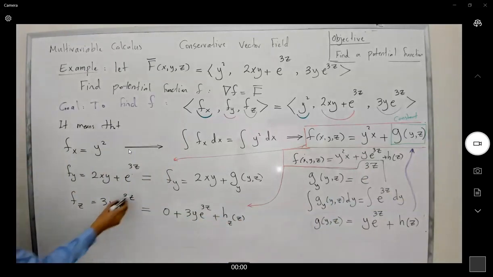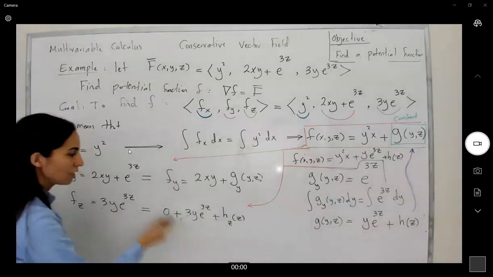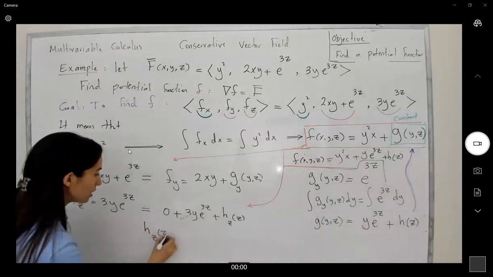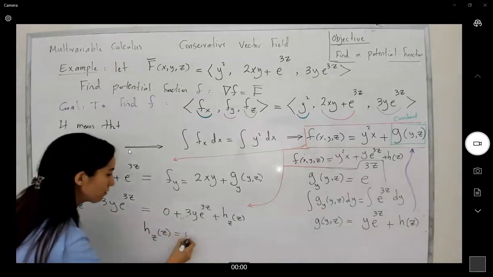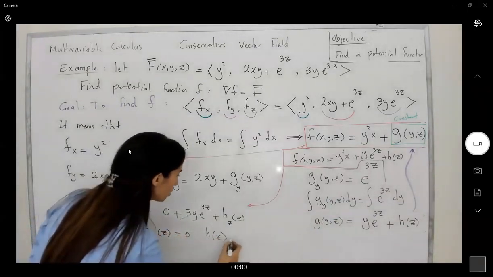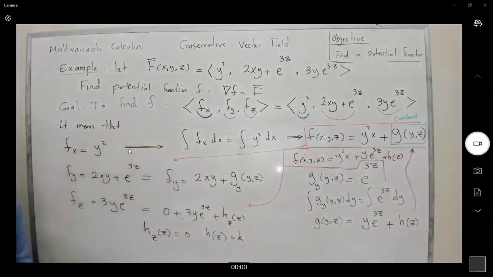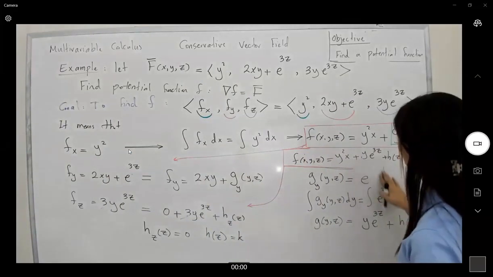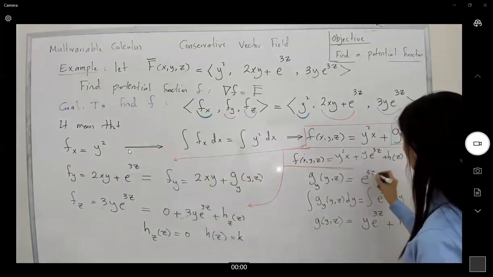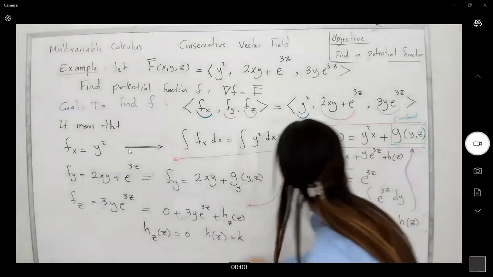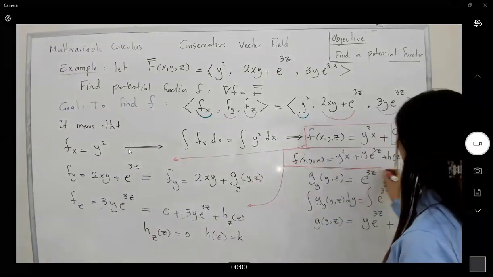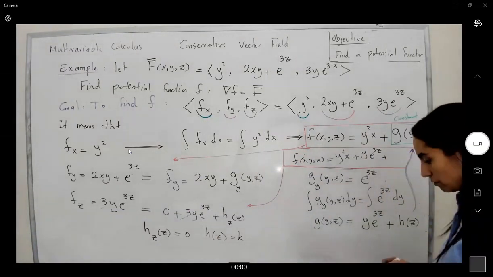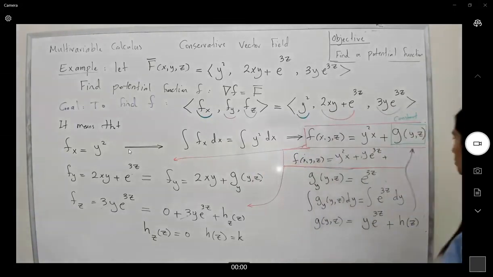As you can see, you can cancel out 3y e to 3z and 3y e to 3z. So the derivative of h with respect to z is equal to 0. It means that h of z is just a constant like k. We are going back and forth between these two. Now you found your h of z, which is just a constant like k. This is our potential function.